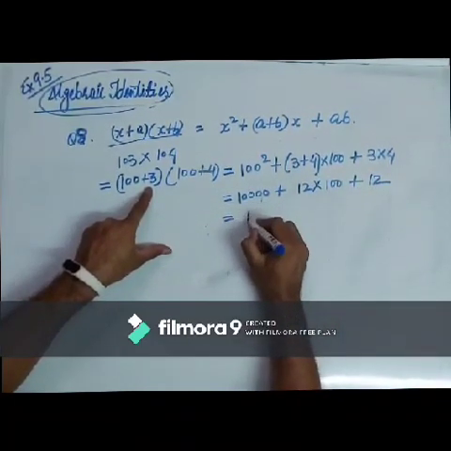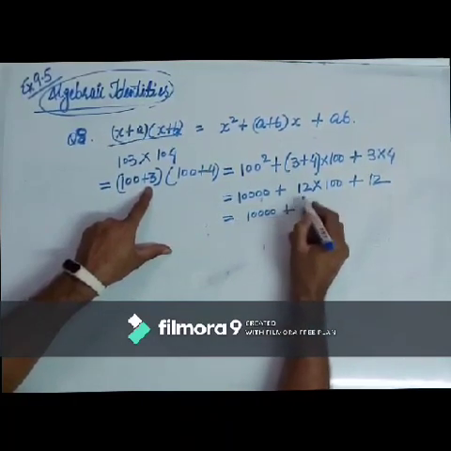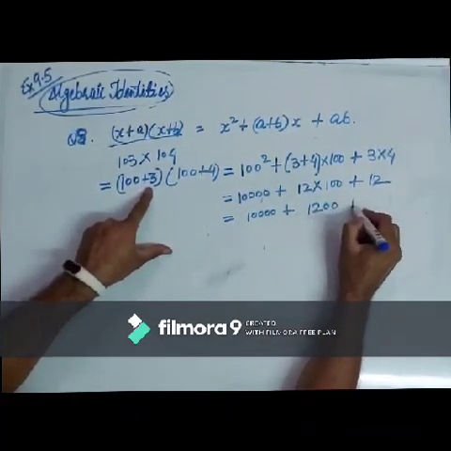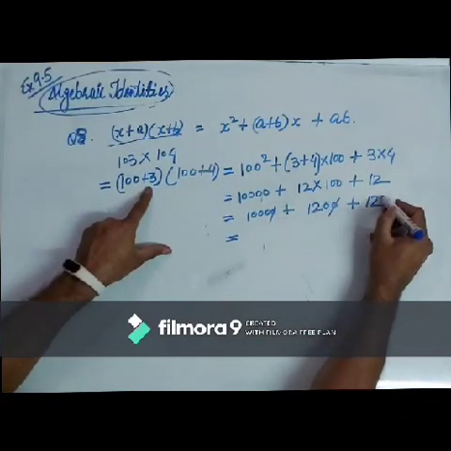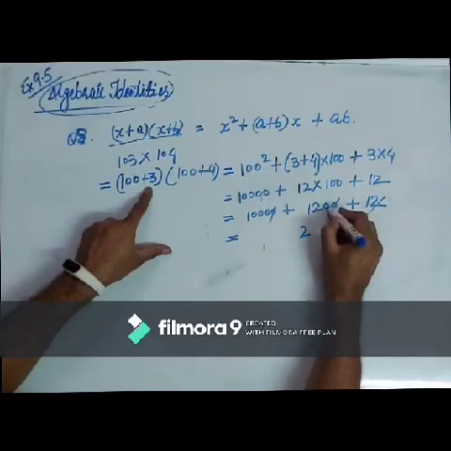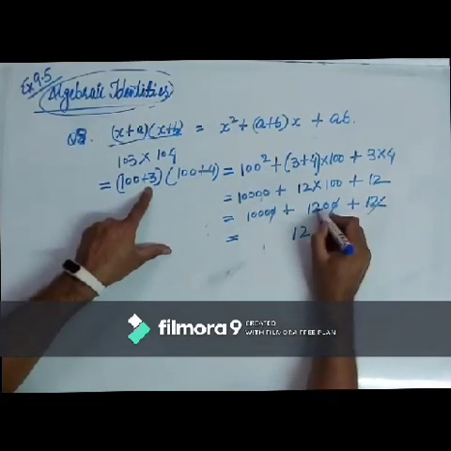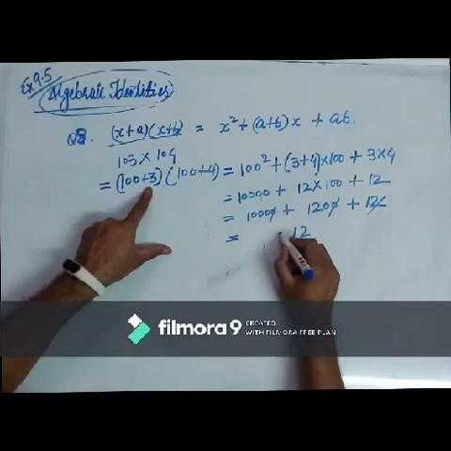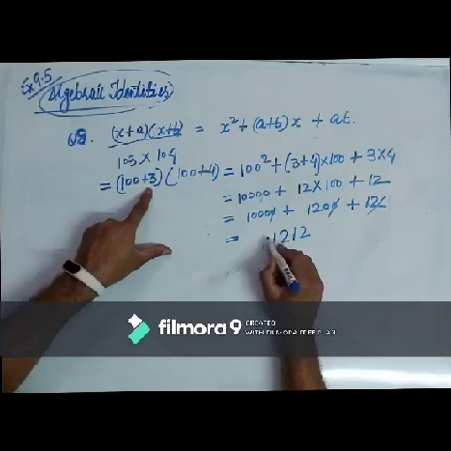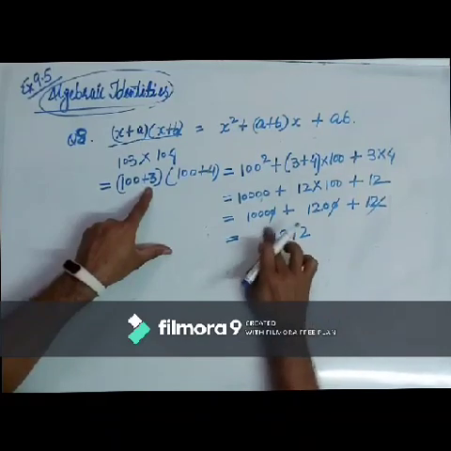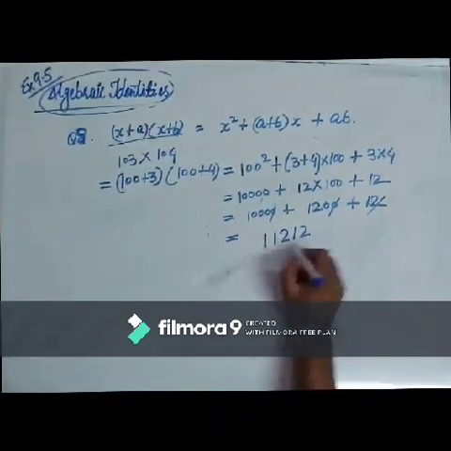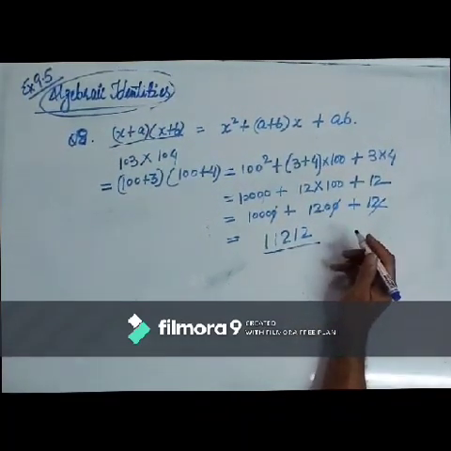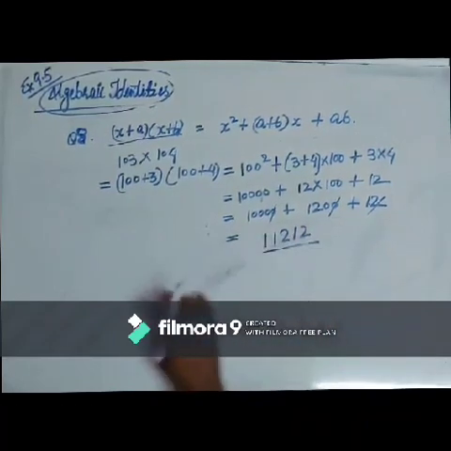So this is 10,000 plus 1200 plus 12, which is 11,212. That is your answer. So this is how we perform it.